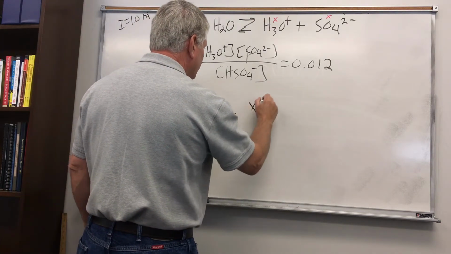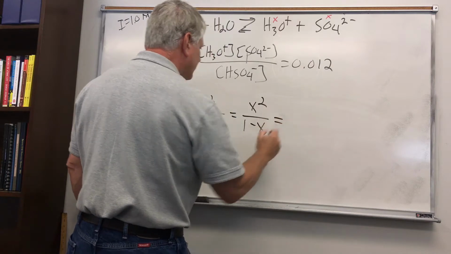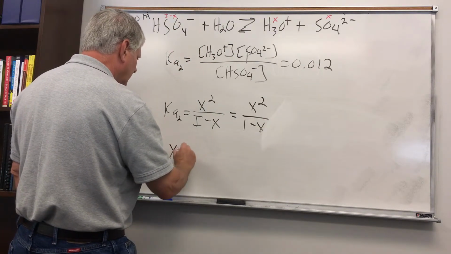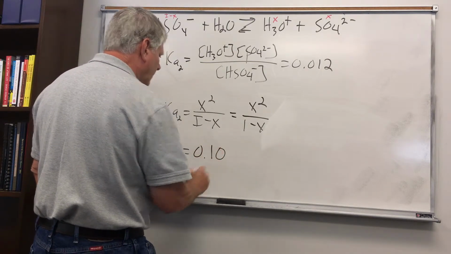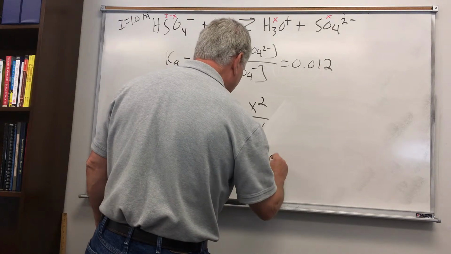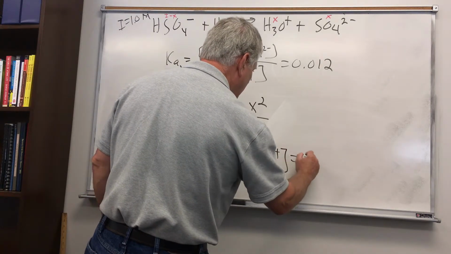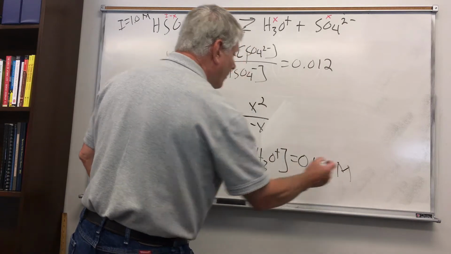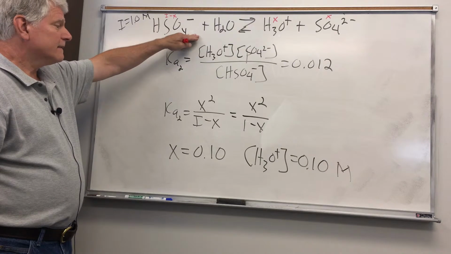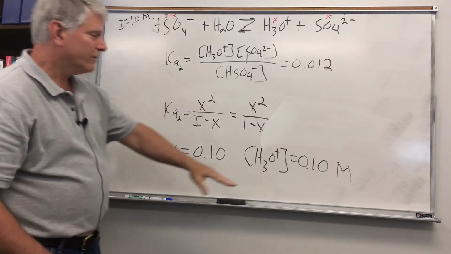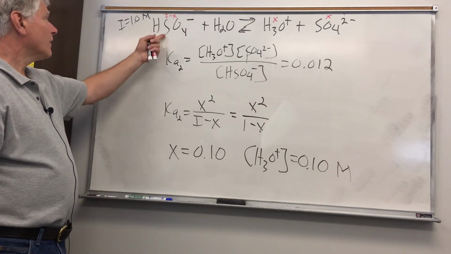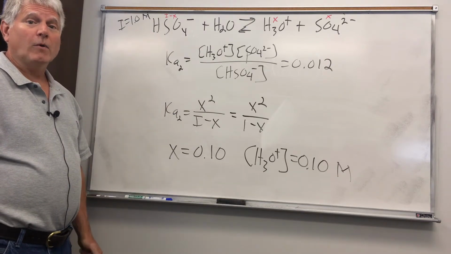So then we'd have x squared over 1 minus x. And solving for x will give me 0.10. So that means that the H3O+ concentration is 0.10 molar just from this step. So just from this second step, the H3O+ concentration wants to be 0.1 molar if the initial concentration of HSO4- is 1 molar.